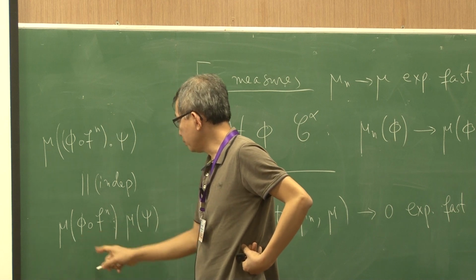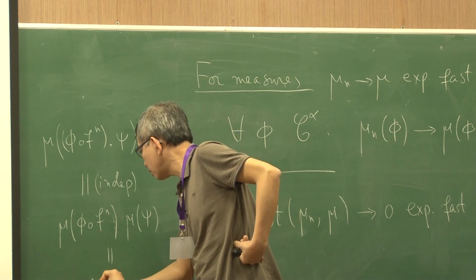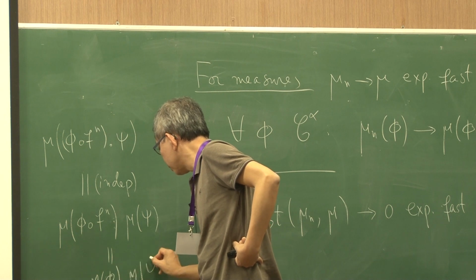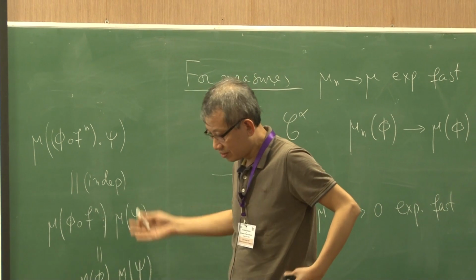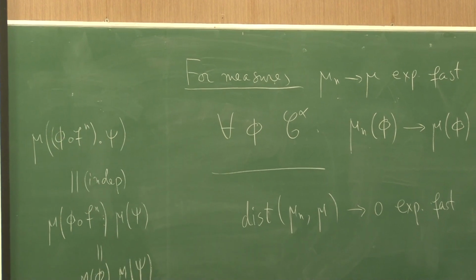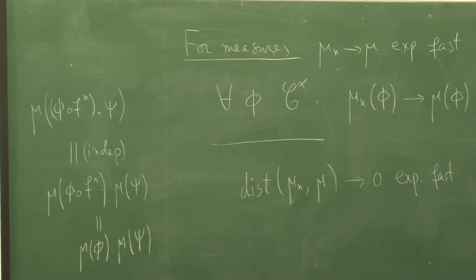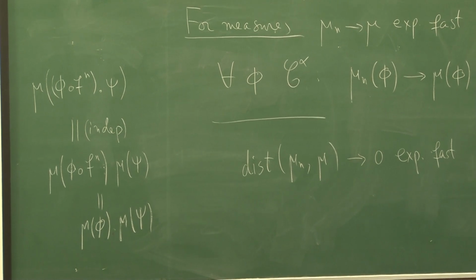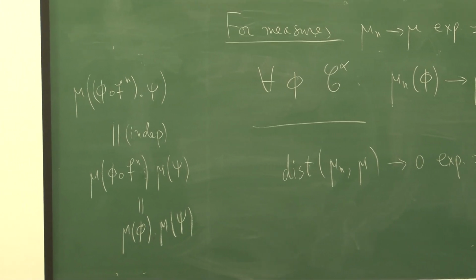But because mu is invariant, it should be equal to mu of phi times mu of psi. So if these random variables were independent, we would have this. But actually, we know that it's not possible because they are clearly dependent.